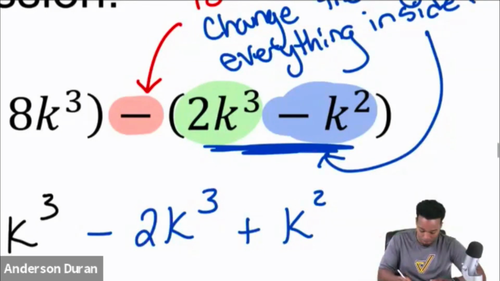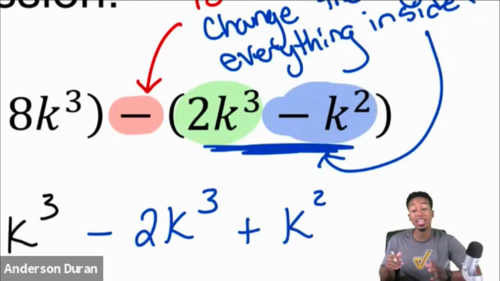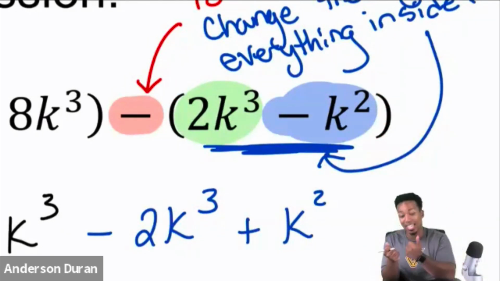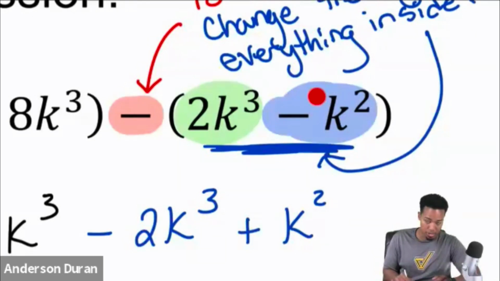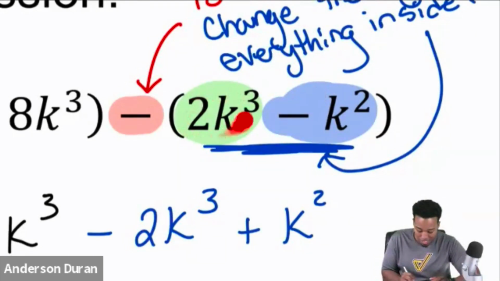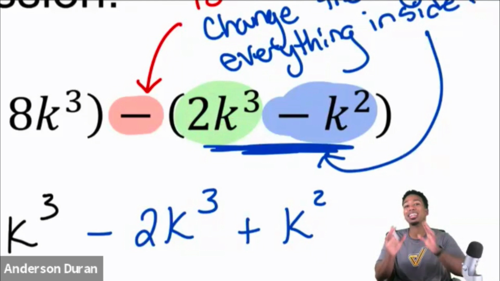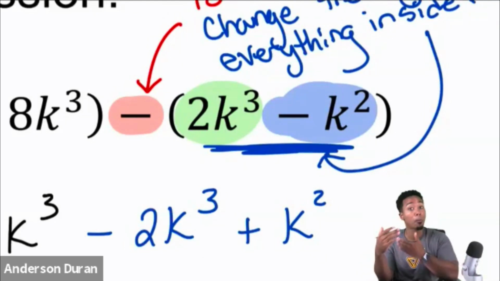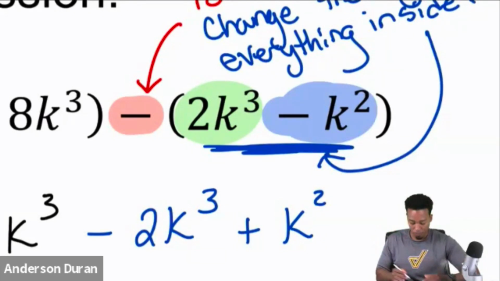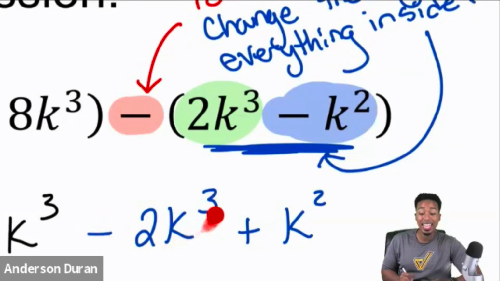Notice that right here. Here's the parentheses. So we are looking at the 2k cubed on the inside of the parentheses. That sign is positive, everybody. The negative is what we're distributing, but the 2k cubed itself right now, it is positive. And so what are we going to do with that 2k cubed positive? We'll change it to 2k cubed negative.